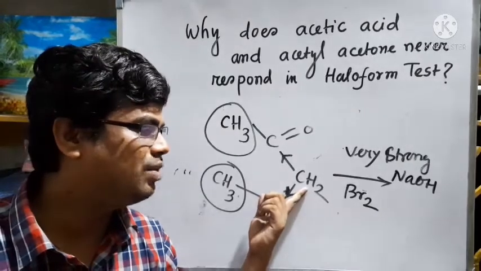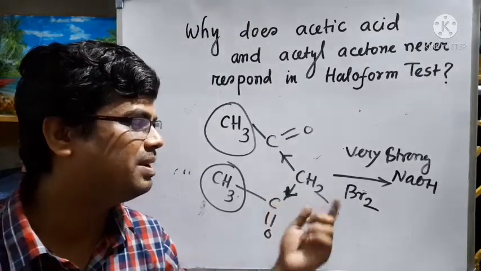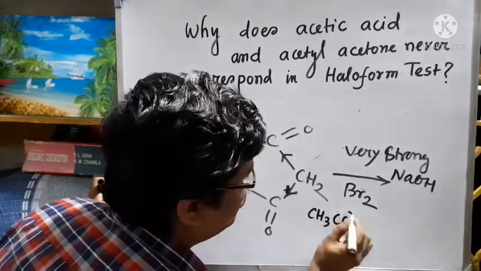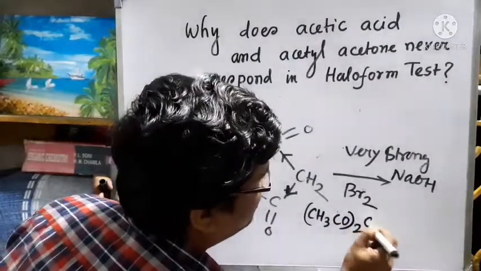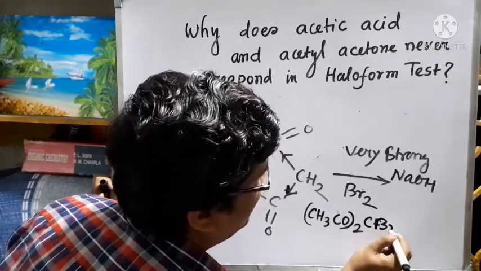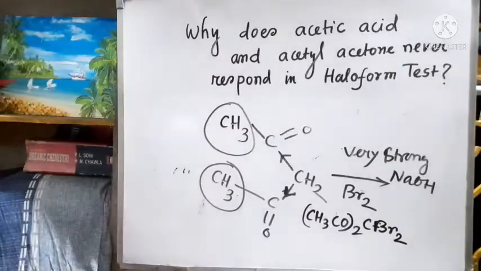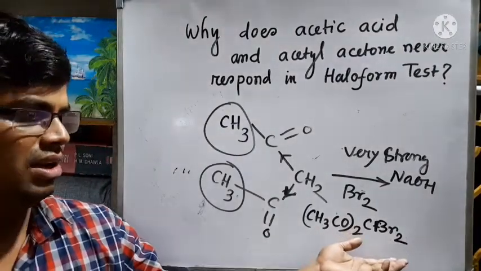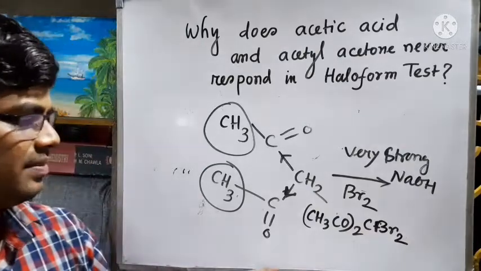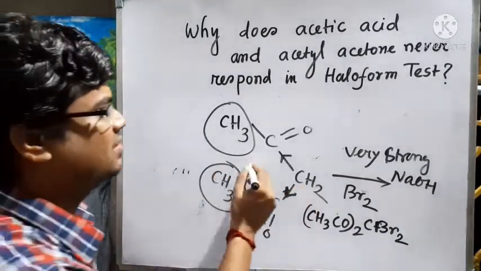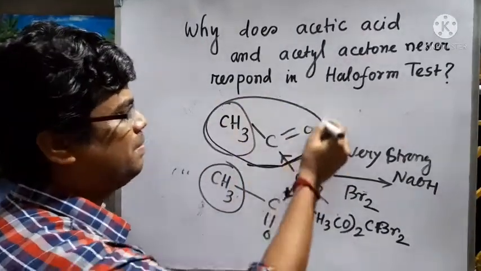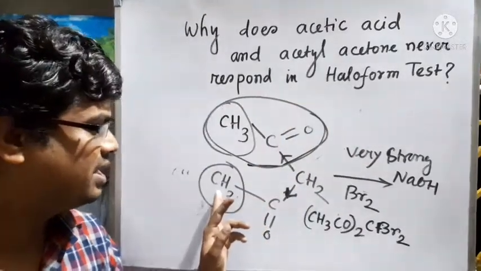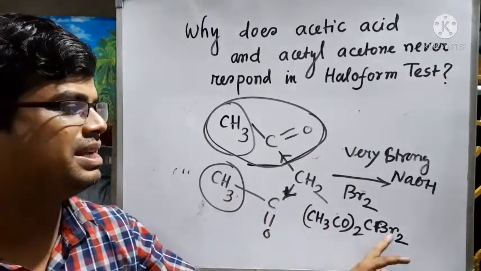Only the hydrogen atoms of this CH2 group are replaced and produce (CH3CO)2CBr2. Now this cannot be converted further. If we hydrolyze it in the presence of a strong alkali, then it has the chance to undergo acetylysis. So this group may be broken, and it will produce CH3COCBr2.